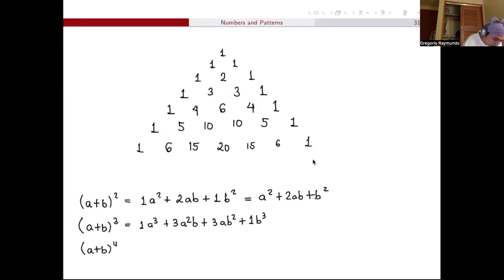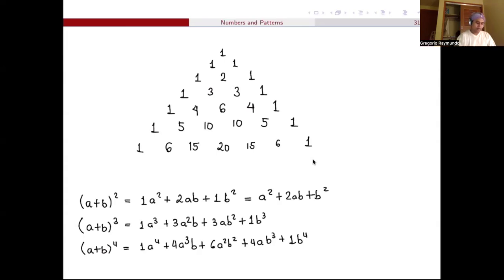A plus b to the power 4, yan ay 1a to the power 4 plus 4a cube b plus 6a squared b squared plus 4ab cube plus 1b to the power 4. And so on. Yan ang decimal expansion.